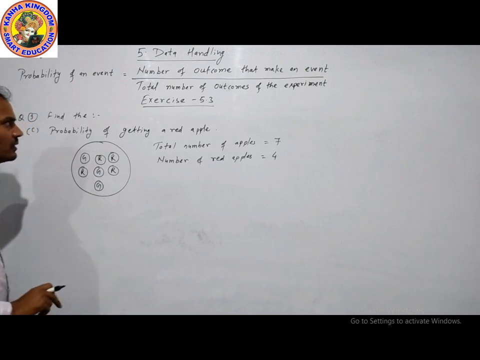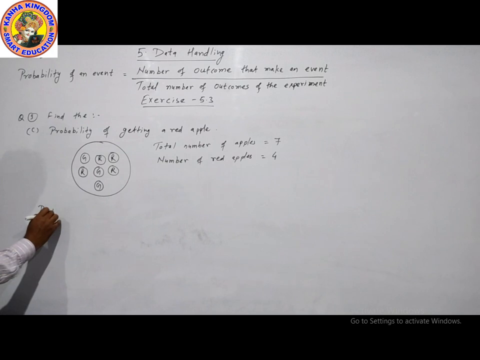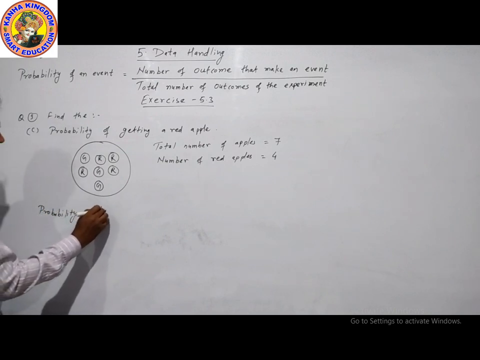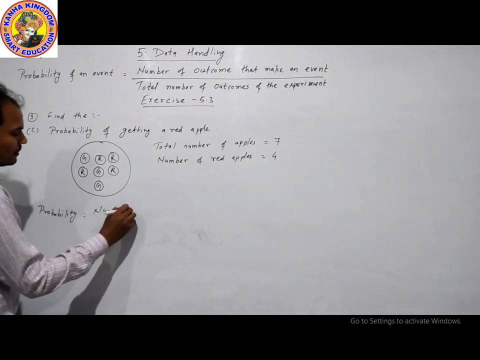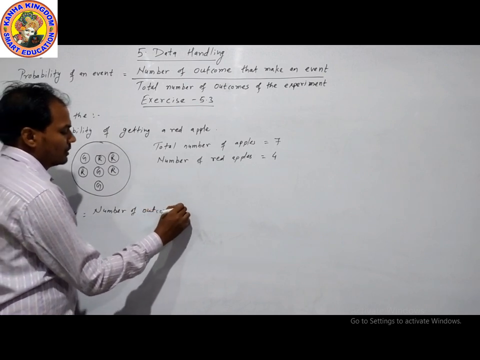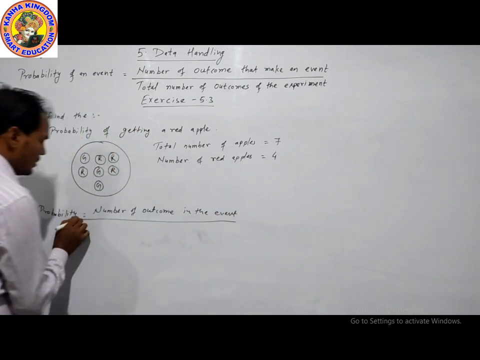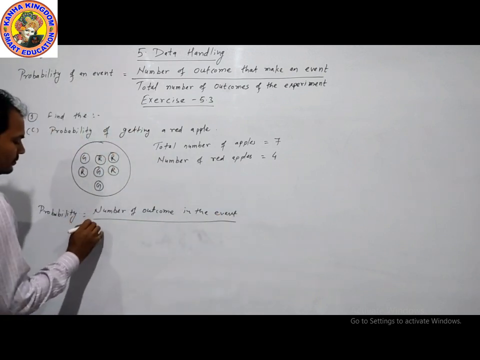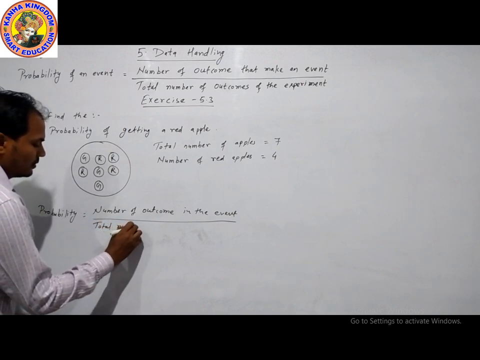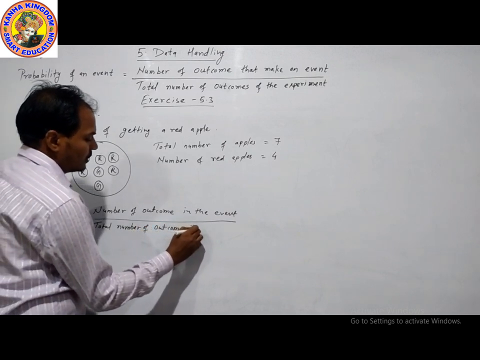Now taking the formula of probability: number of outcomes in the event upon total number of outcomes in the experiment.